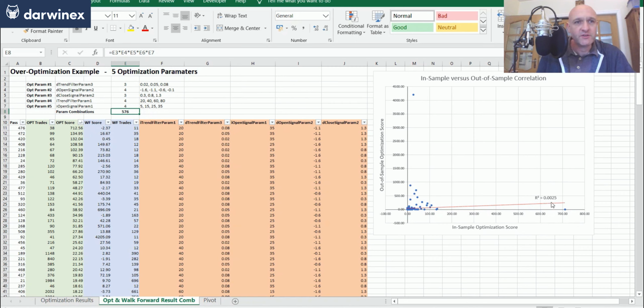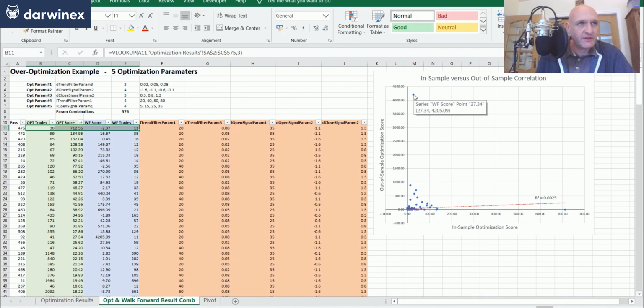But you'll notice that the chart is dictated really by these 2 outliers we have here. And if we take a closer look at these, we can see that this is the first one with a value of 712. And as you can see on the chart over here, this actually has a negative performance in the walk forward stage.